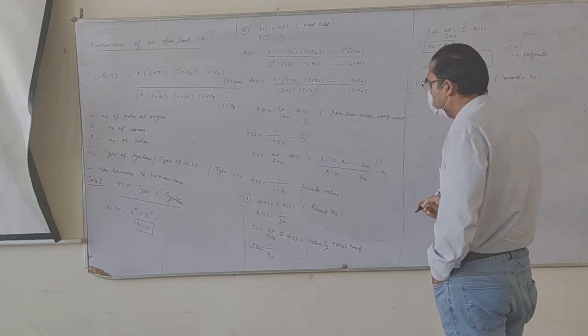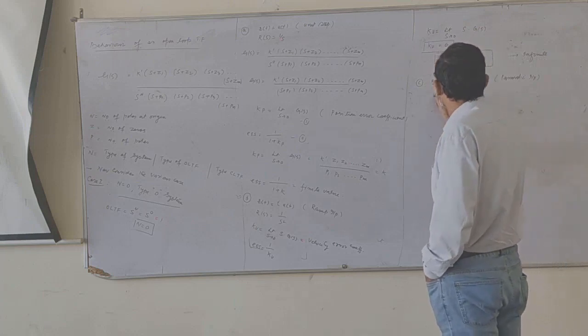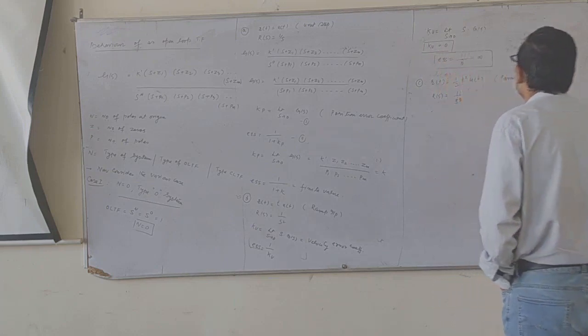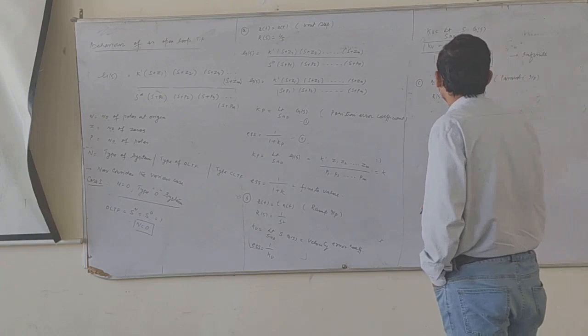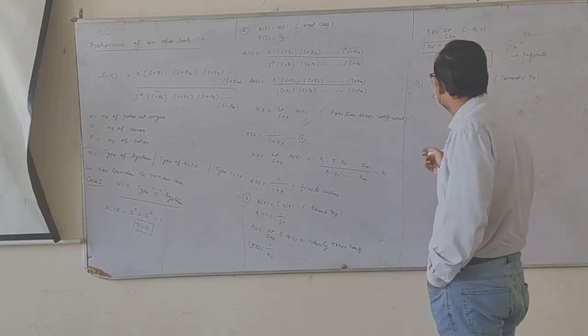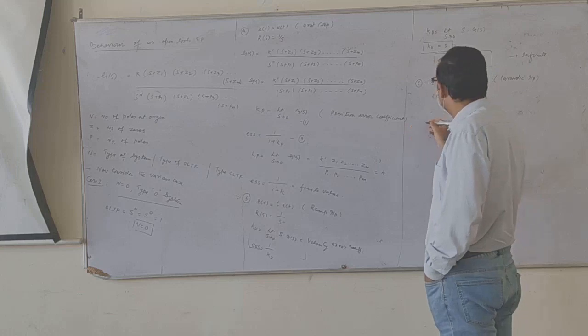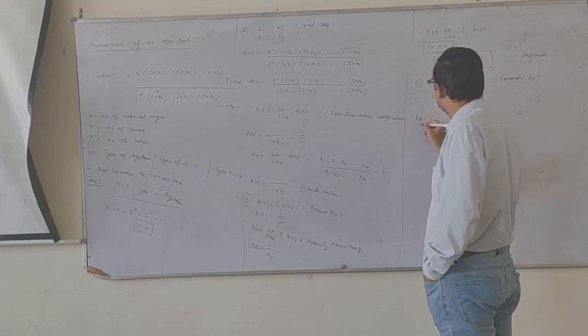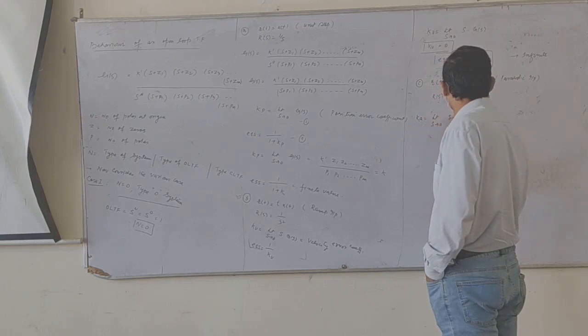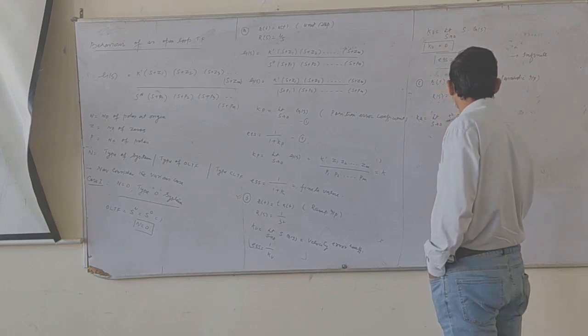And in this case, what will happen? The Laplace transform of this is 1 by s cube. So in that case, what will be the term? The term will be Ka. K will be defined as limit s tends to 0 of s square g of s.